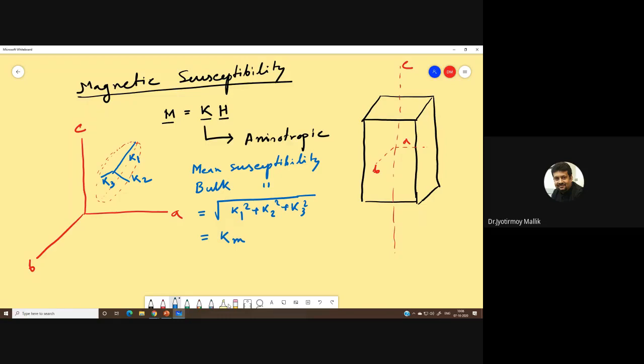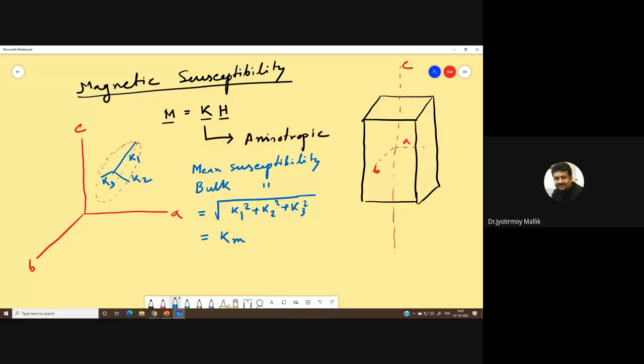Although this anisotropy is not very large, it doesn't mean that K1, K2, K3 are extremely different from each other. They are not. Generally it is a low field anisotropy, but nevertheless, it varies with direction. The susceptibility that we have been using to categorize different minerals is essentially the bulk susceptibility.